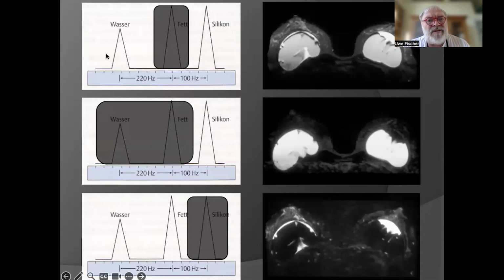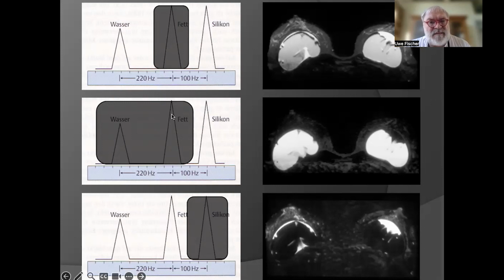The first sequence we use is a sequence where we get a high signal intensity in the area of water and in the area of silicon, but we do not want to see the fat peak, so we make a suppression of the fat signal, and both water and silicon will become signal intense.